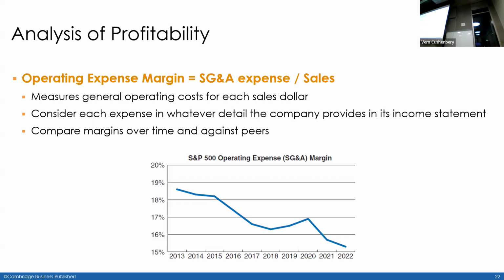So really, this chart cuts off right before we start to see significant inflation. You know, 2022 was when inflation started to creep into the economy from COVID. So during this whole period of time, we were experiencing lower interest rates, which don't flow into operating expense margin.